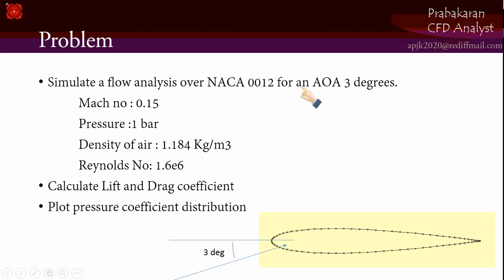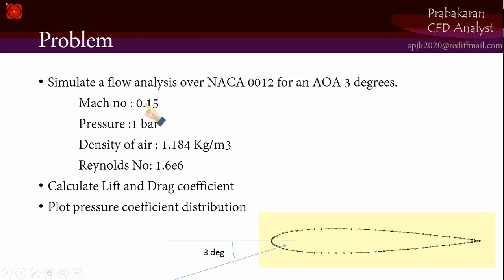The problem for today is we need to simulate the flow over an aerofoil categorized as NACA 0012 for an angle of attack of 3 degrees. This is the NACA 0012 aerofoil, and the Mach number for our flow is 0.15.